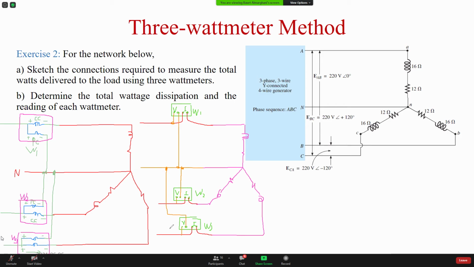So this is how you connect the 3 watt meters, okay? Either with the shape of coils, or the shape of the ones that we have in the lab. So always make sure the polarity matches. What does that mean? Current is positive here, then this is negative, this is negative.